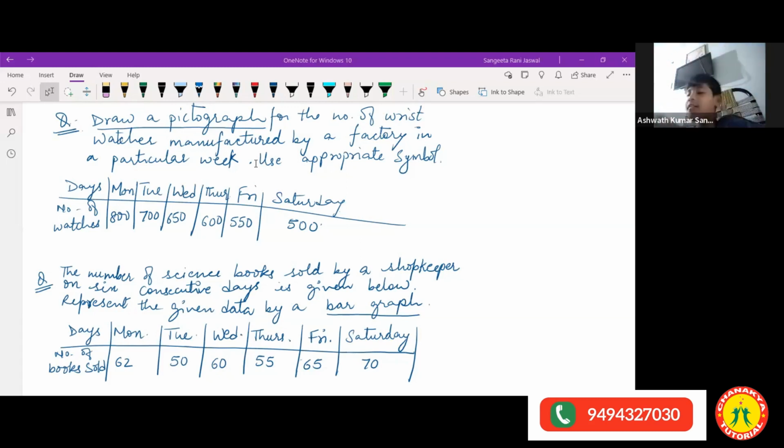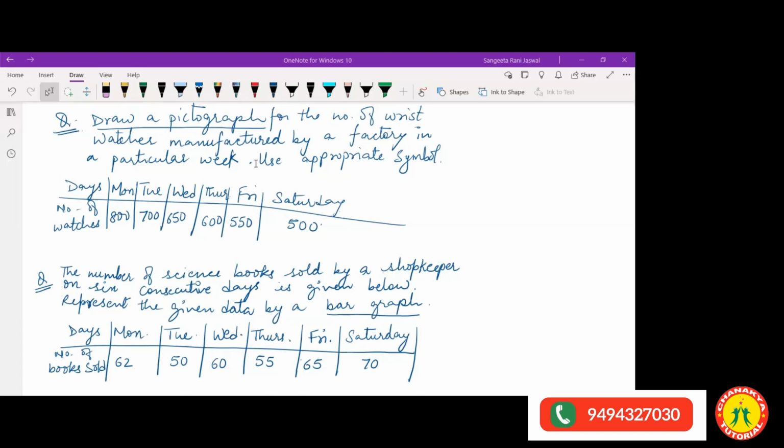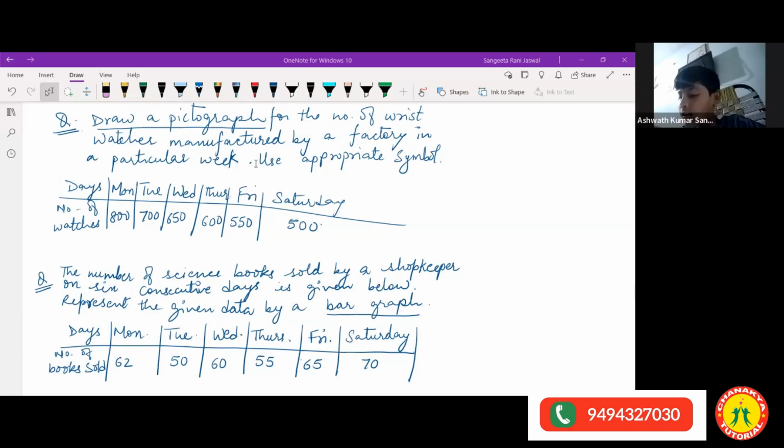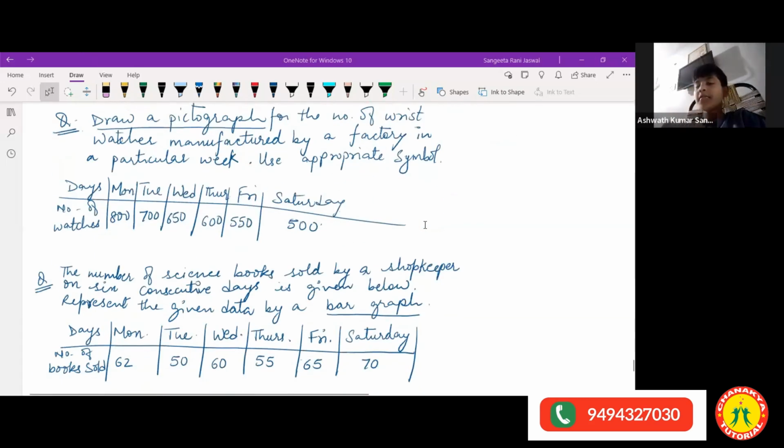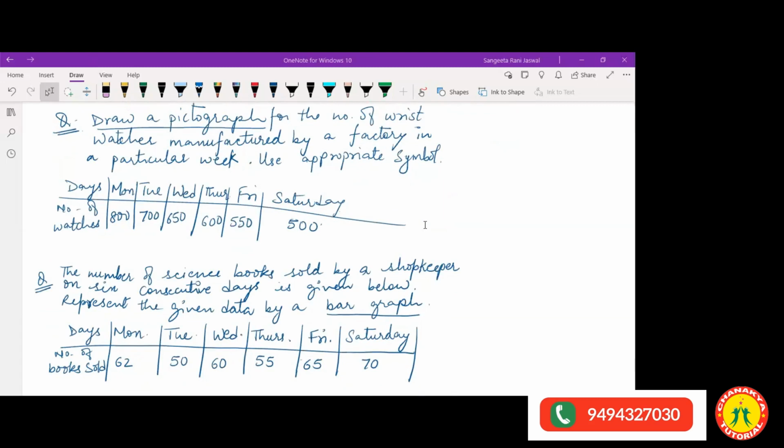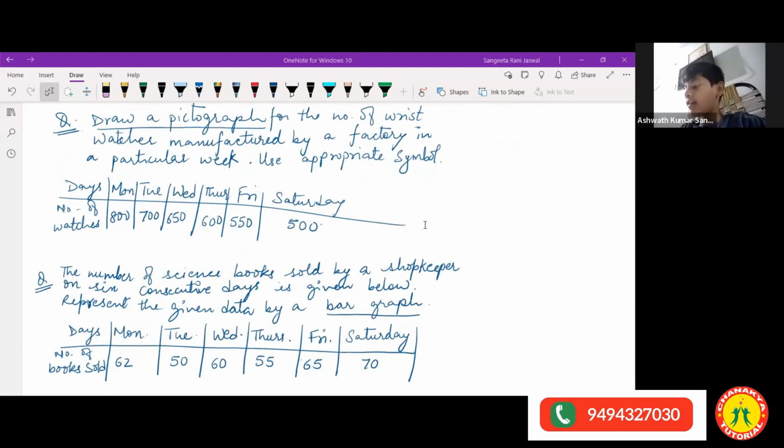Ma'am, I had a doubt in a question. Yes, ask. Ma'am, a collection of numbers gathered to give some information is called: A. Data, B. Range, C. Tally marks, D. Frequency.